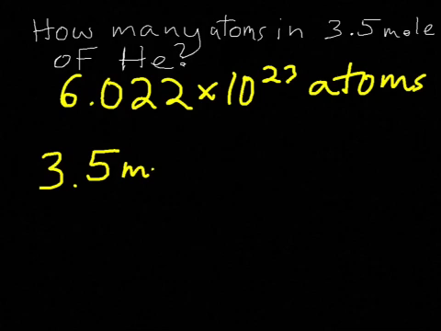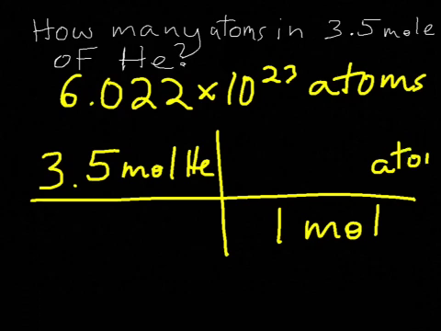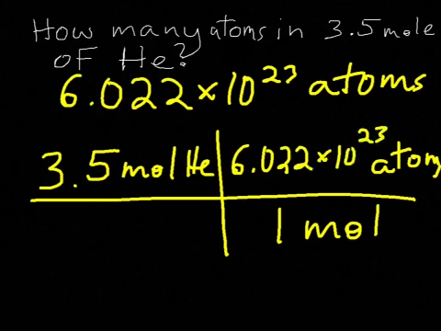Begin with the given, 3.5 mole of helium. For every 1 mole of helium, we put mole in the bottom so that they will cancel out. There are how many atoms? Correct. Avogadro's number, 6.022 times 10 to the 23rd atoms in each mole of a substance.